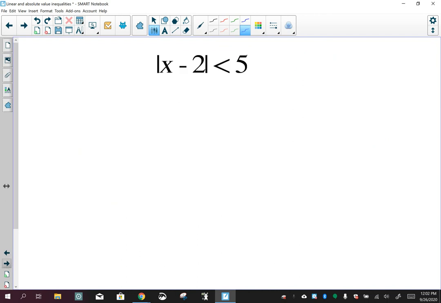In this case, we have the absolute value of x minus 2 is less than 5. So I told you if you're ever less than, this is my c value over on this side. So when I rewrite this, I go negative 5 is less than x minus 2, which is less than 5. I rewrite it like this and solve it like we did earlier. So I'm going to add 2 everywhere.